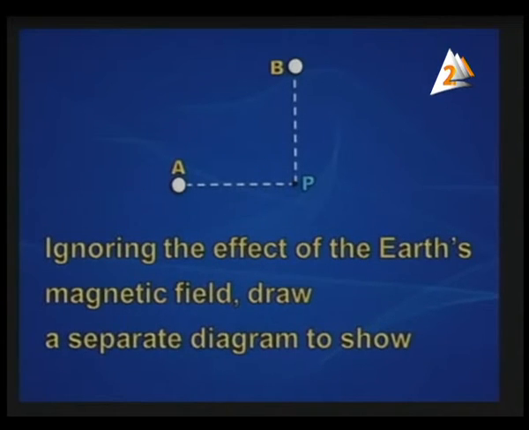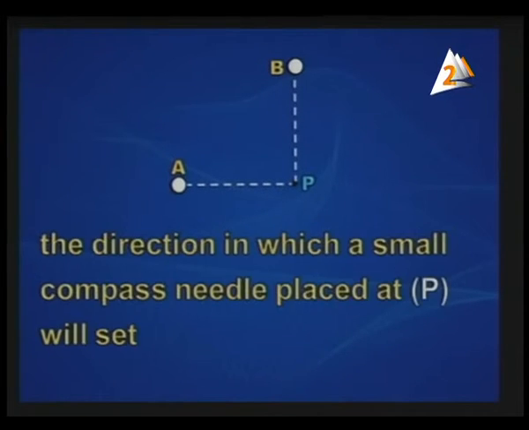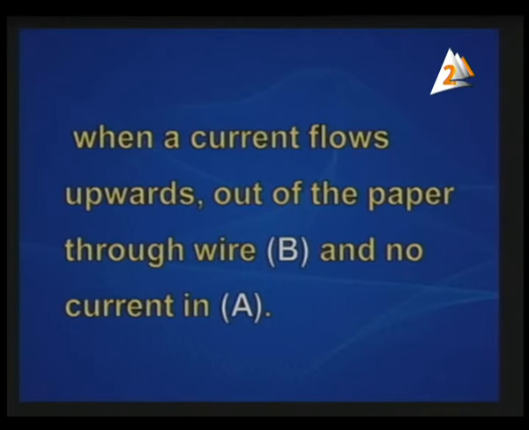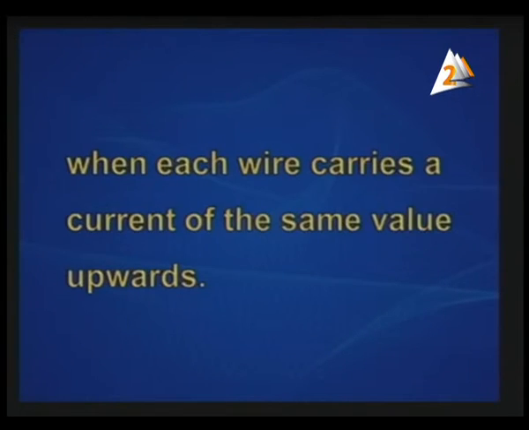Ignoring the effect of the Earth's magnetic field, draw a separate diagram to show the direction in which a small compass needle placed at P will set when a current flows upwards out of the paper through wire A and no current in B. When a current flows upwards out of the paper through wire B and no current in A. When each wire carries a current of the same value upwards.